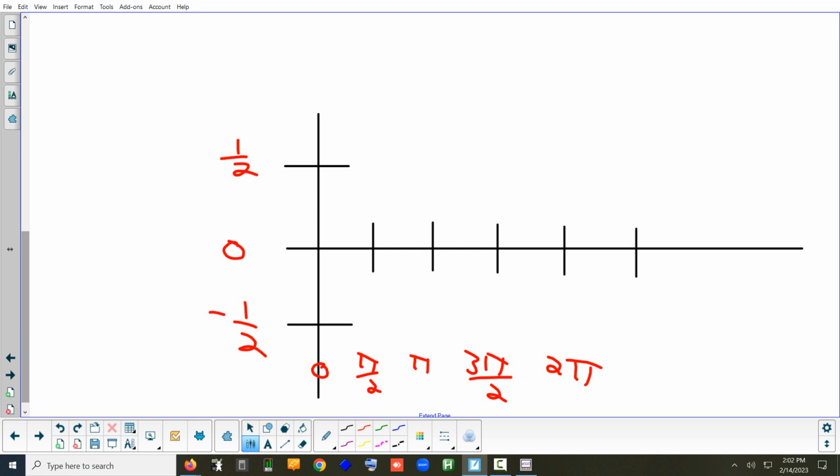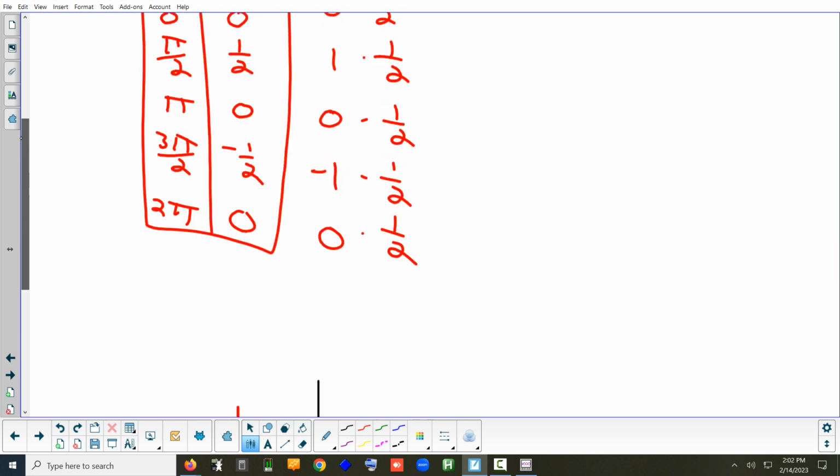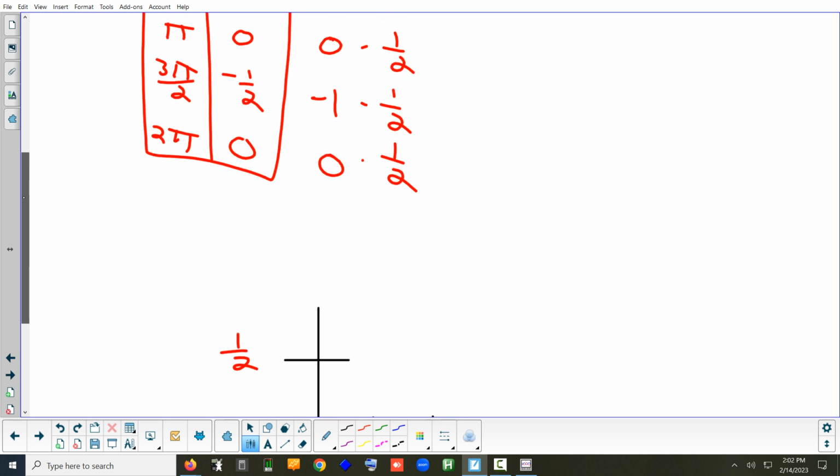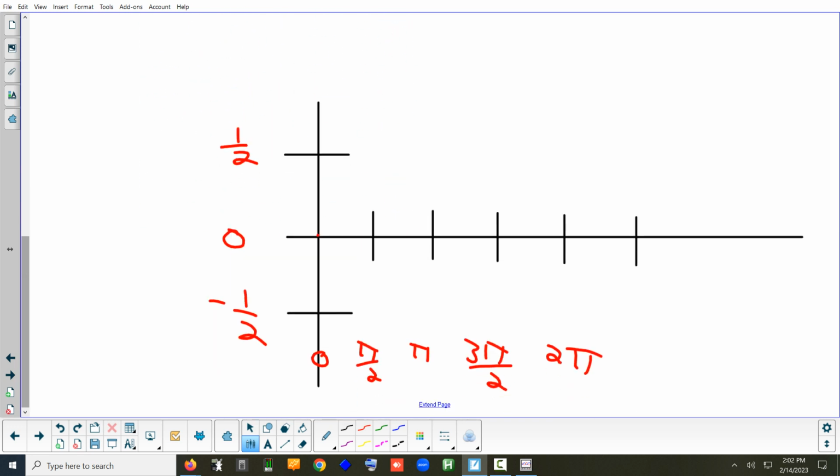The increment. The increment is always a 1 if you don't put labels. So put labels, because we're not going by ones. Okay, so 0, 1/2, 0, -1/2, 0. 0, 1/2, 0, -1/2, 0. And there's your sketch.